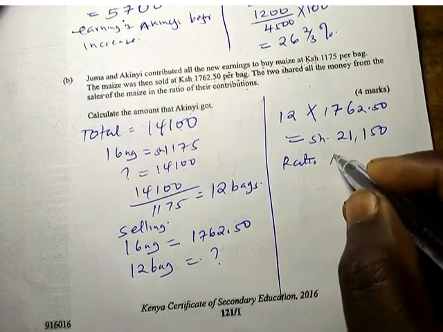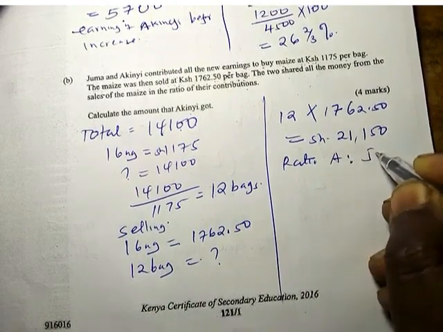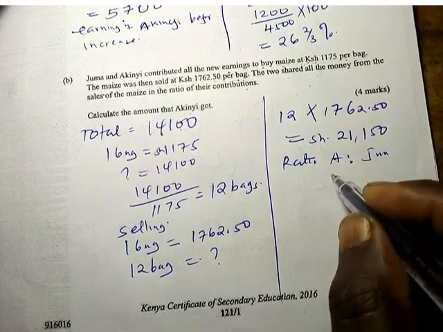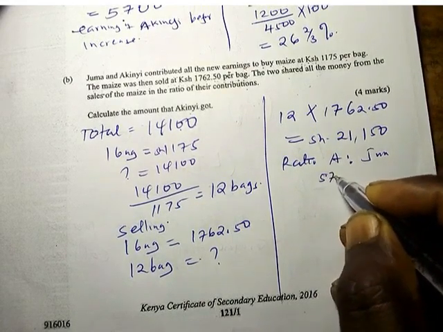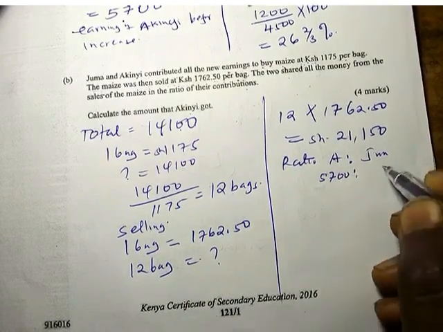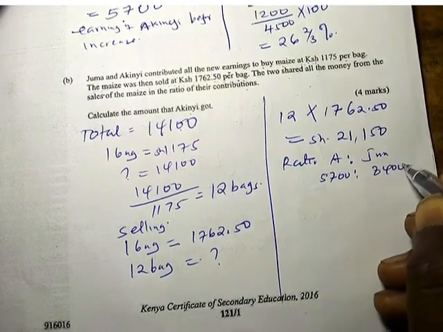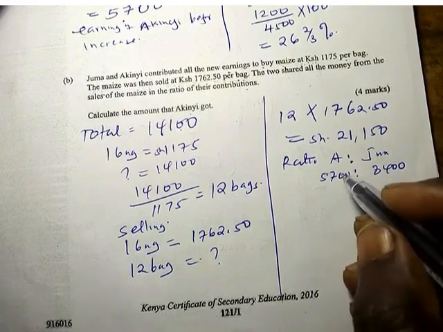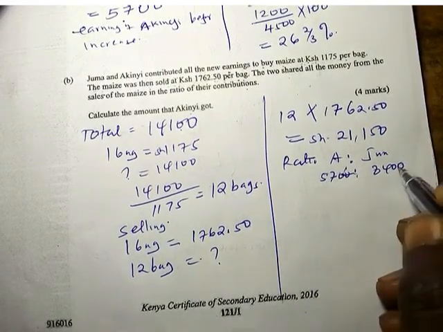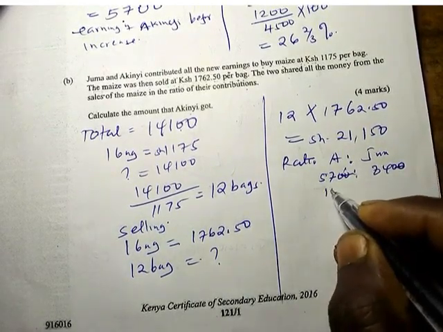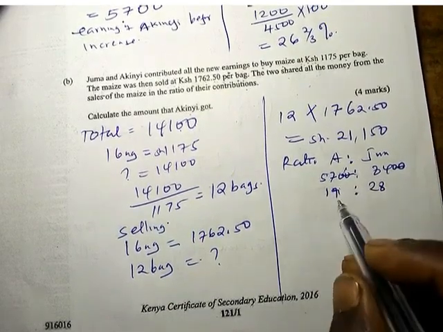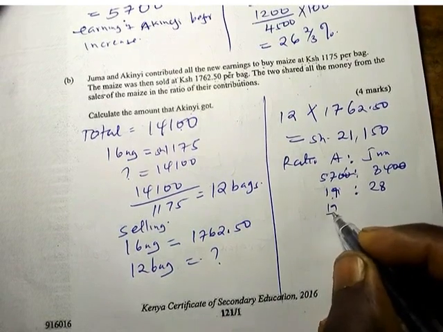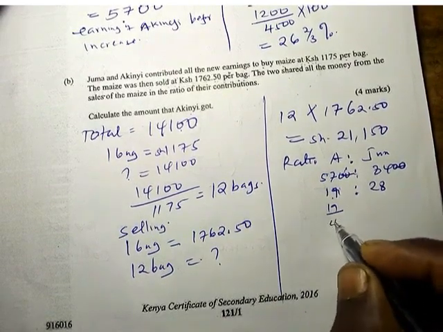So this money was shared in the ratio of Akinyi to Juma, which was now 5,700 to 8,400. So this one and this one, 19 to 28. So this one will get 19 over the total, which is 19 over the total 47.